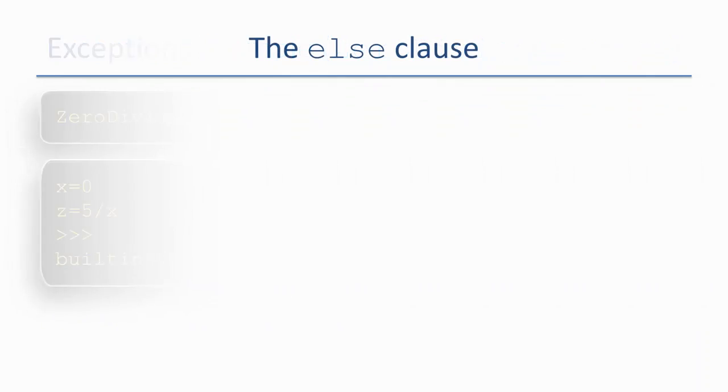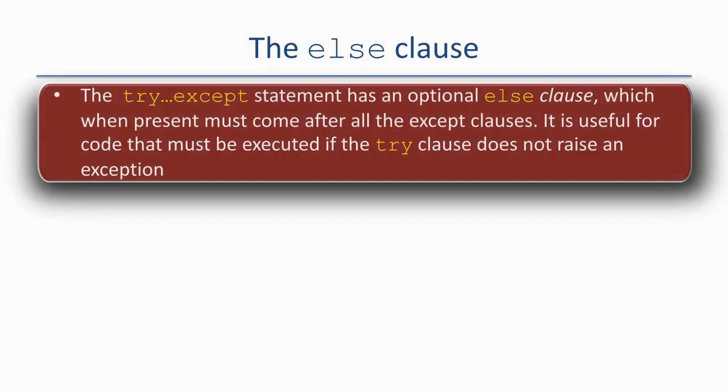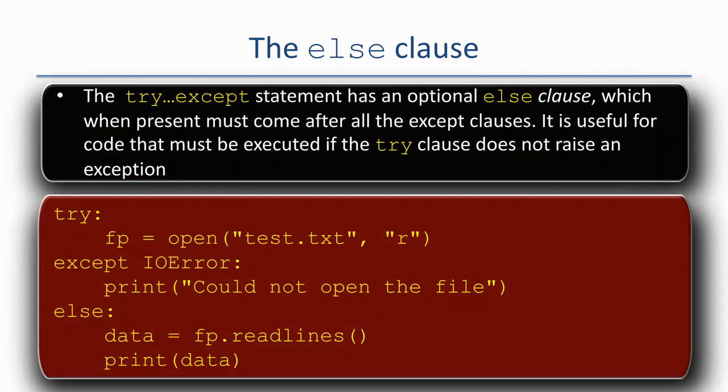Now let me talk about the else clause. The try except statement has an optional else clause, which must come after all the except clauses. It is useful for code that must be executed if the try clause does not raise an exception. In this example, in the try clause, I try to open a file.